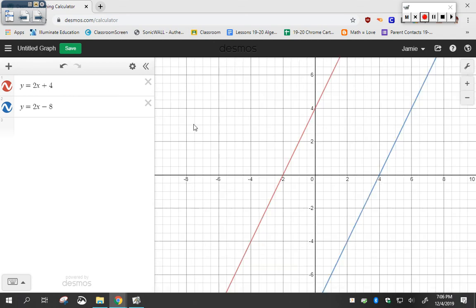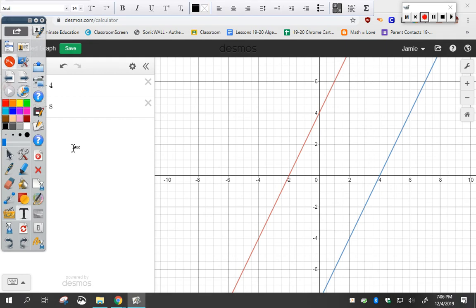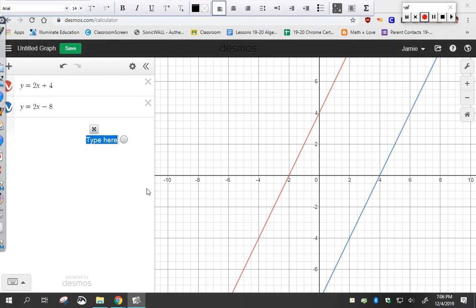So these two lines are parallel, so they are not intersecting. So they have no solution. Okay, so we have two parallel lines, they have no solution because they won't touch each other.